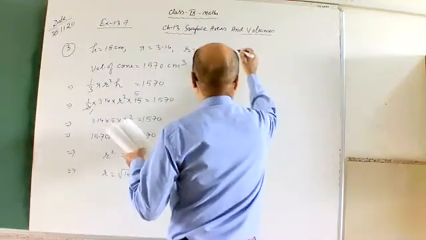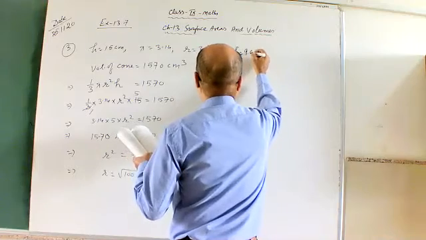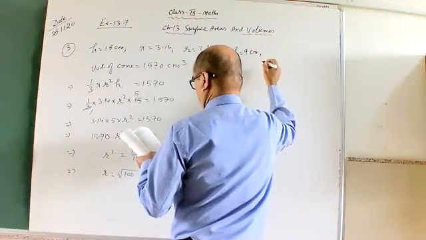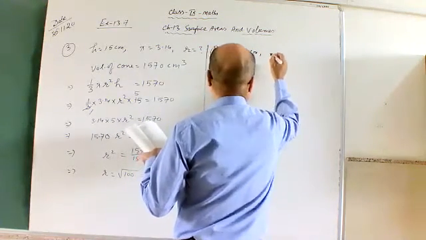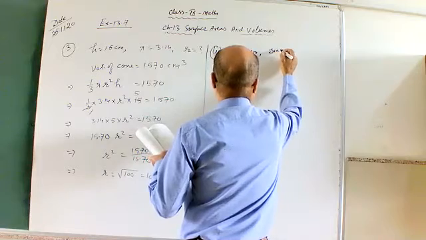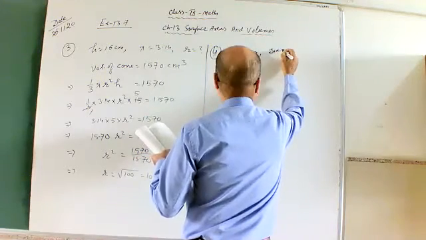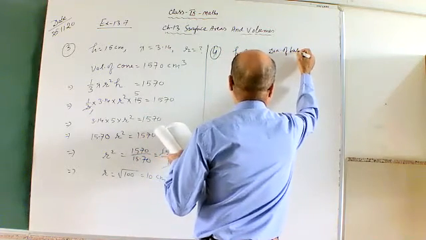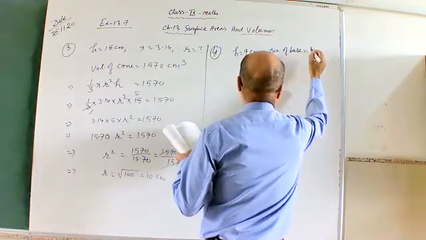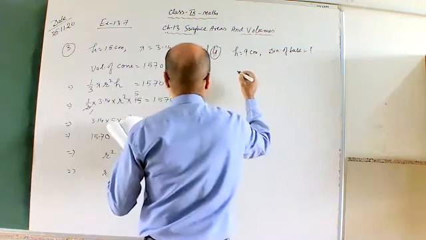The height of the cone is 9 centimeter, given, and you need to find the diameter of the base. Diameter of the base you need to find, right? And volume is given.